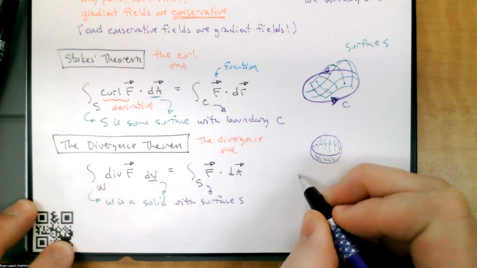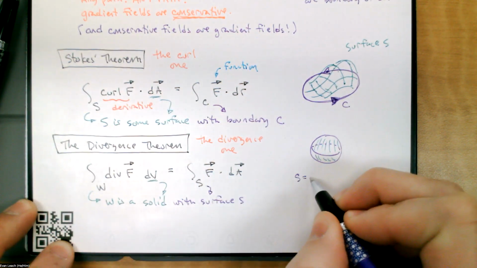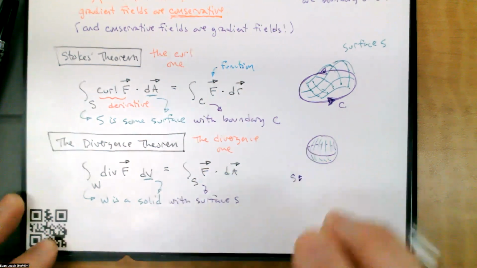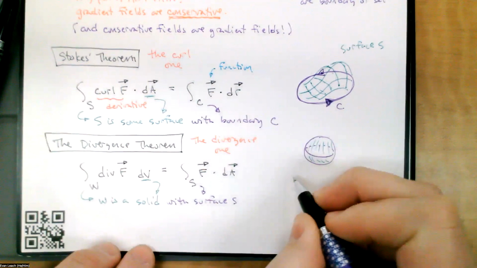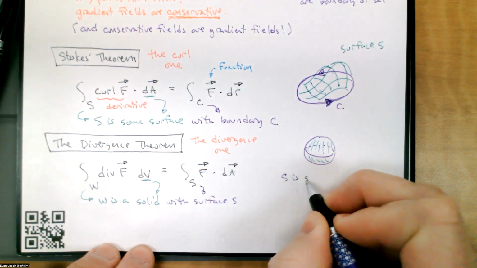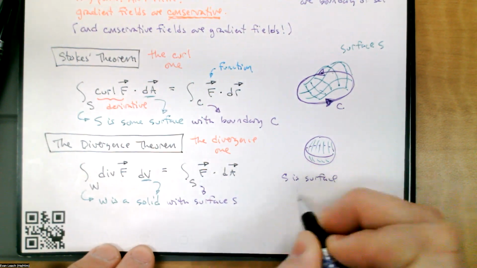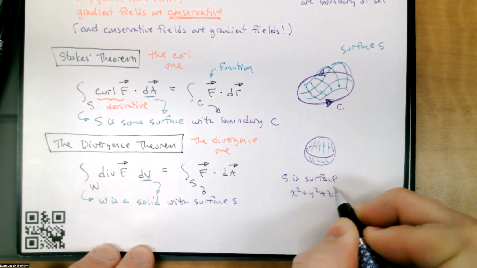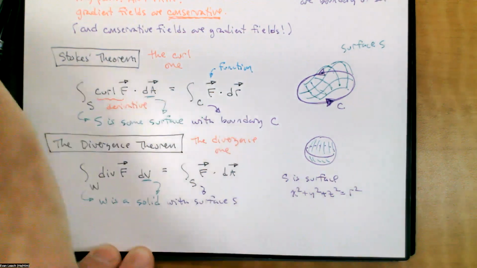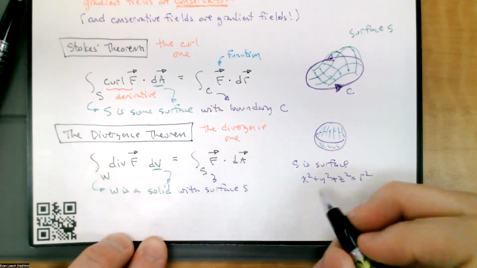S would be the surface, and W will be the solid part.